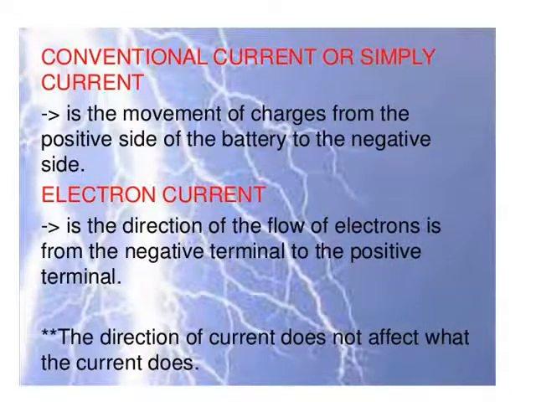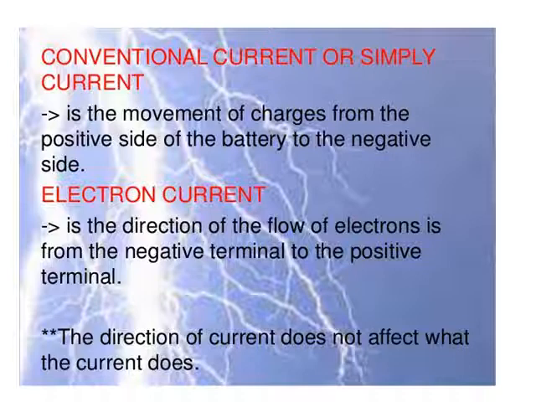Now let us go to electric current. How do we express electric current? Electric current is expressed by the amount of charges flowing through a particular area in unit time. In other words, it is the rate of flow of electric charges.